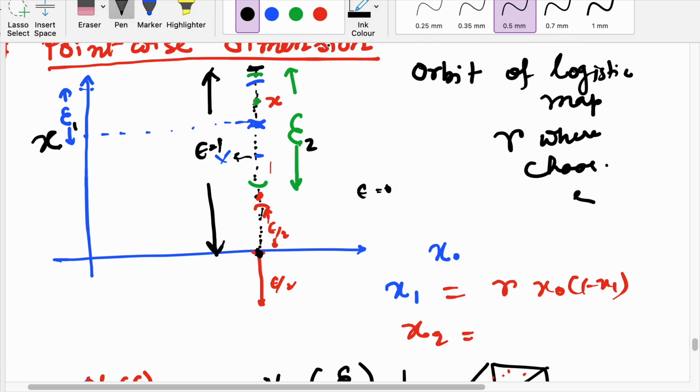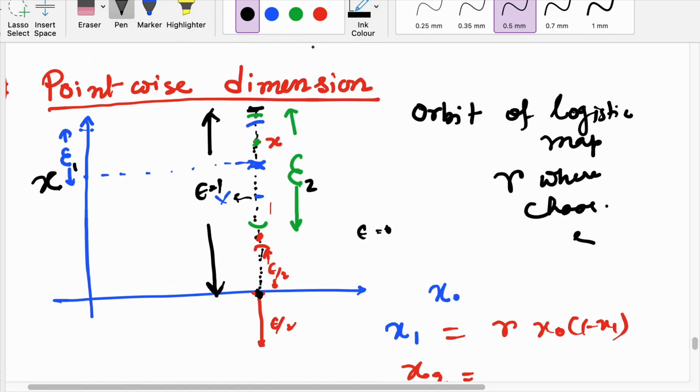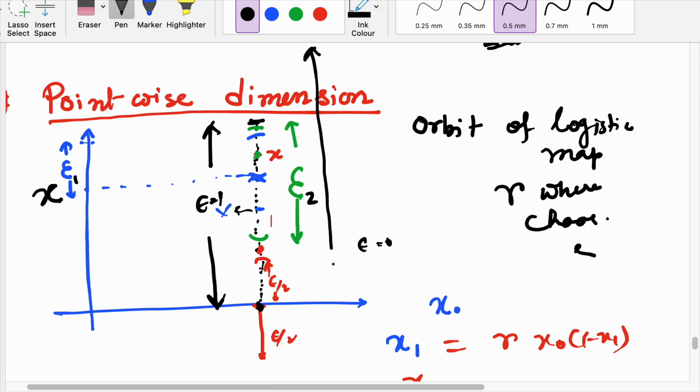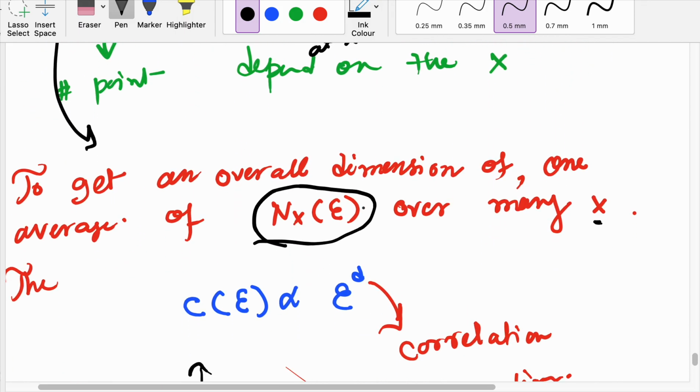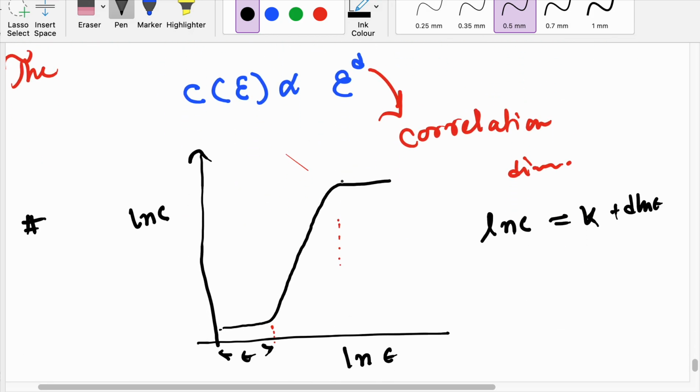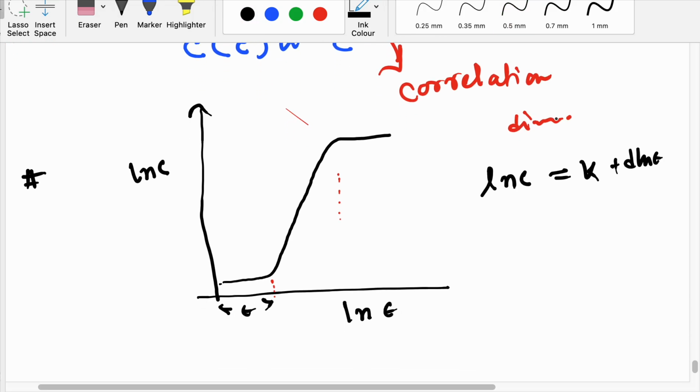So if I take epsilon equal to 2, the number of points contained is the same as in epsilon equal to 1. That's why if I change the epsilon, the number of points it contains will not change, so that's why it will flatten. So that's how you calculate the correlation dimension.